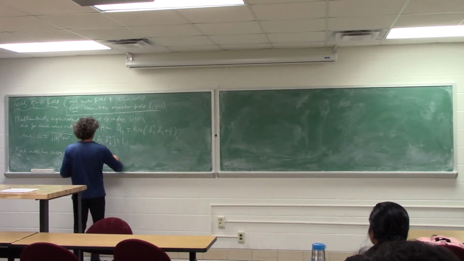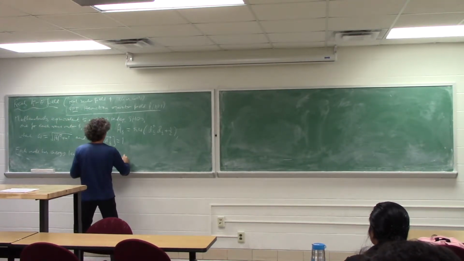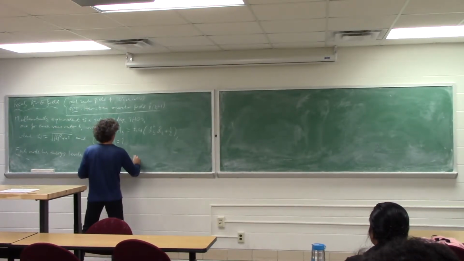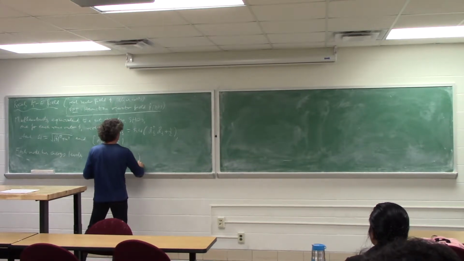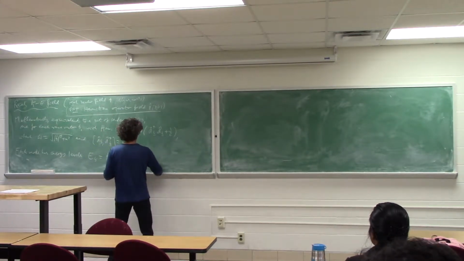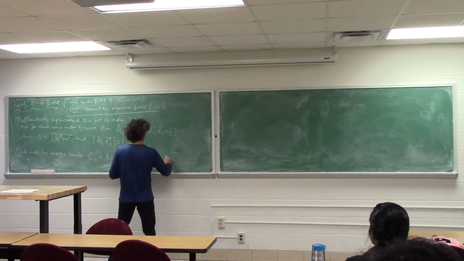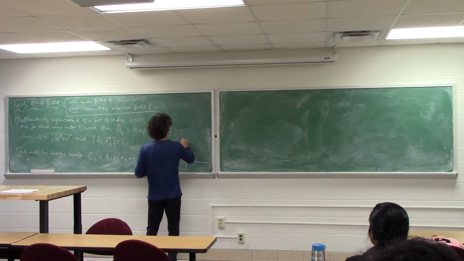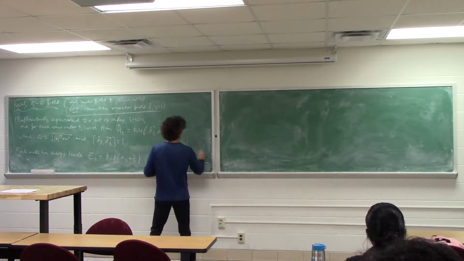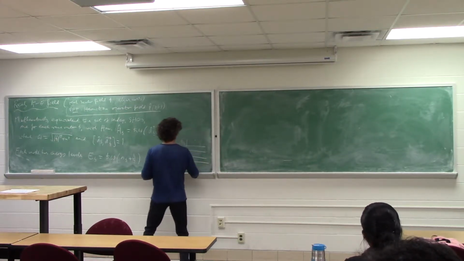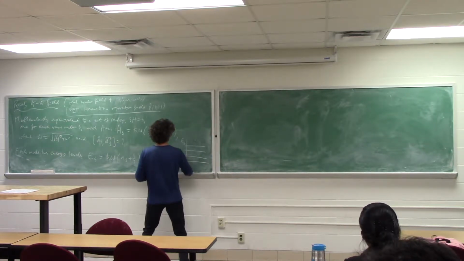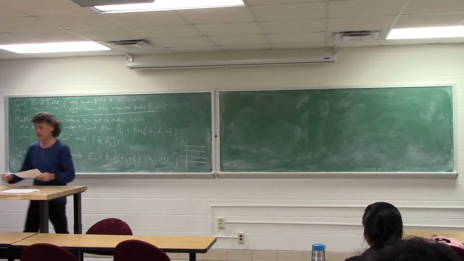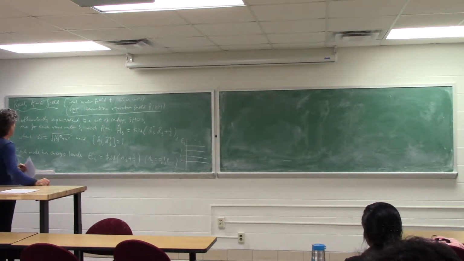So I put in the h bar, n_k plus a half, where n_k is 0, 1, 2. So we have these evenly spaced energy levels like this. So n_k is 0, 1, 2, etc. All right, that is the free Klein-Gordon field.